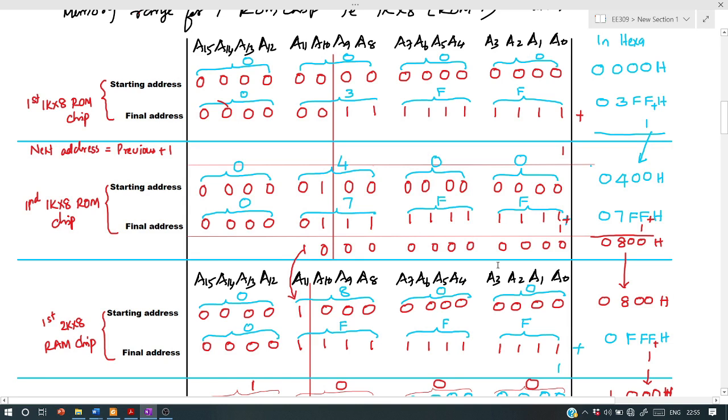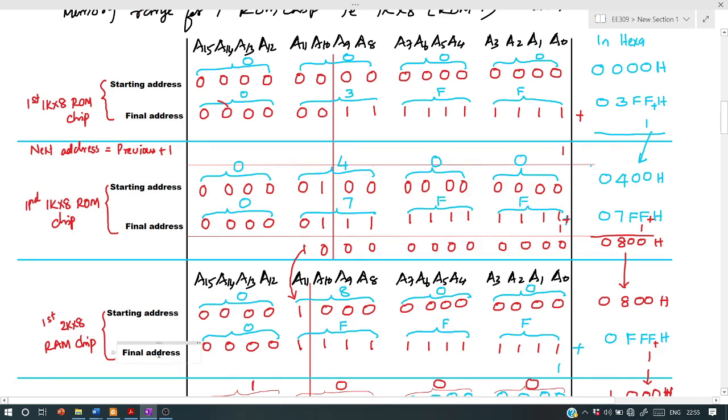So the starting address of the first 2K into 8 RAM chip is 0800H, the next location is 0801H, and finally A0 to A10 become 1 like this. This A11 is retained as 1.